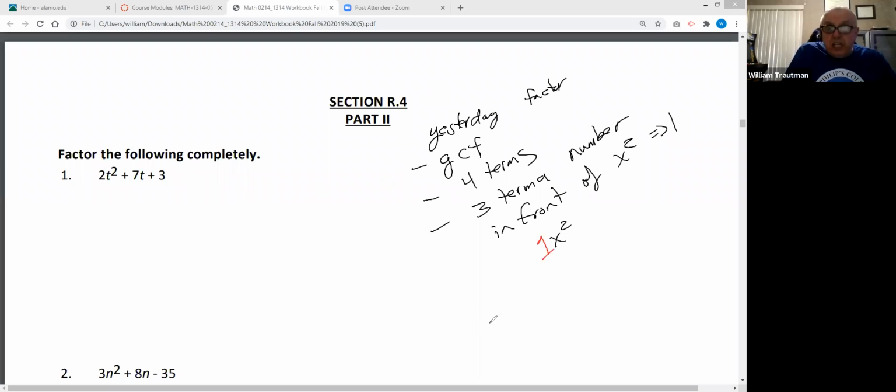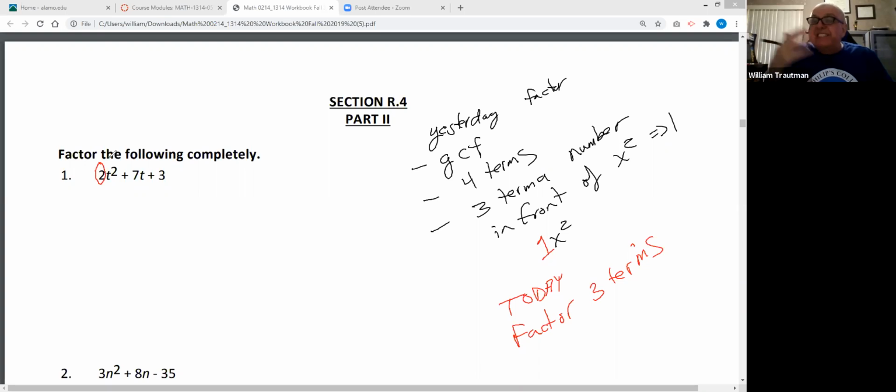So today we're going to factor 3 terms. But look over here at number 1. When the number in front of the x squared is something other than 1. Factor 3 terms when the number in front of x squared does not equal 1.